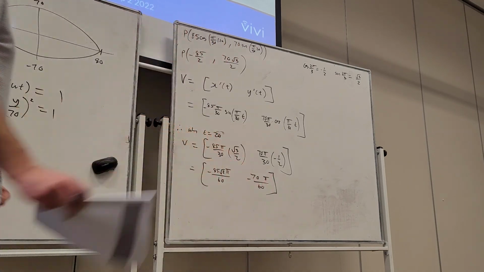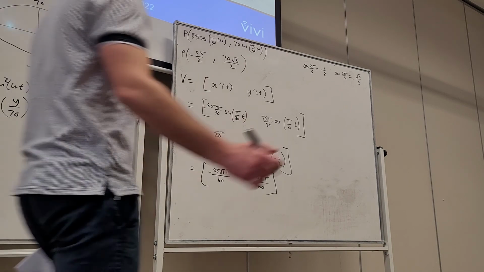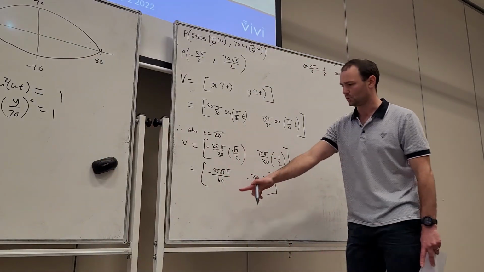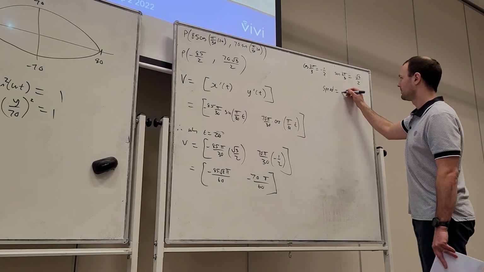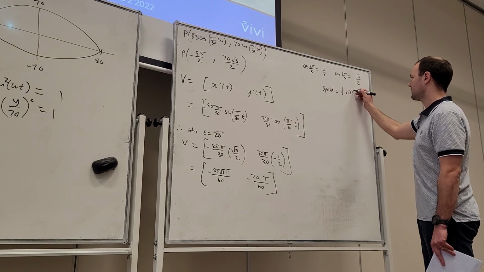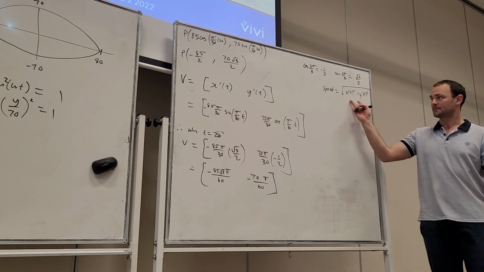That's showing how fast it's moving with regards to each component, both the horizontal and the vertical. Okay, and lastly, the speed. Well, the speed is just the magnitude of velocity, isn't it? So the speed, we'll write out the formula here: the square root of x dash of t squared plus y dash of t squared. That's the formula for it.